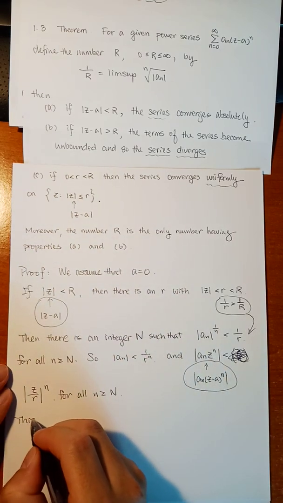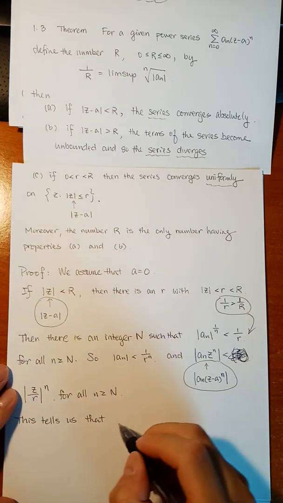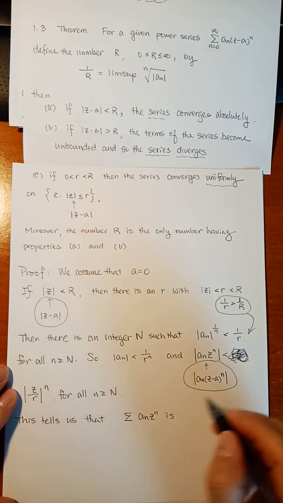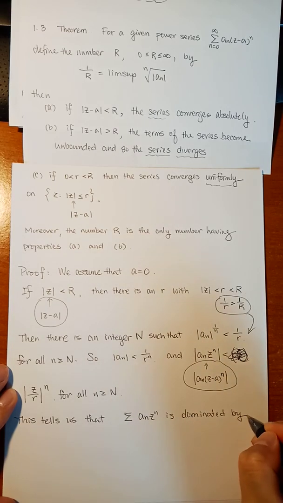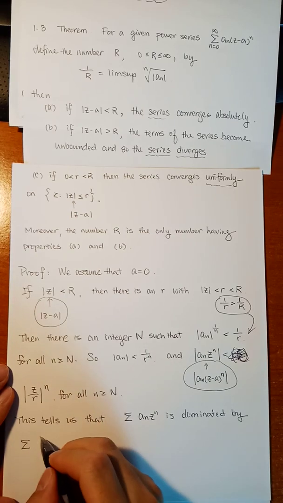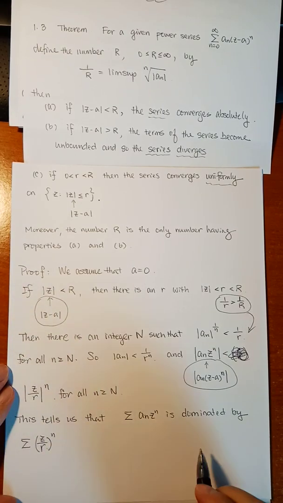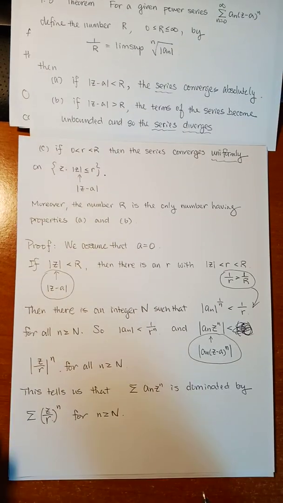This tells us that this A_n z^n is dominated by this for n greater than or equal to capital N. So one series is dominated by the other series.